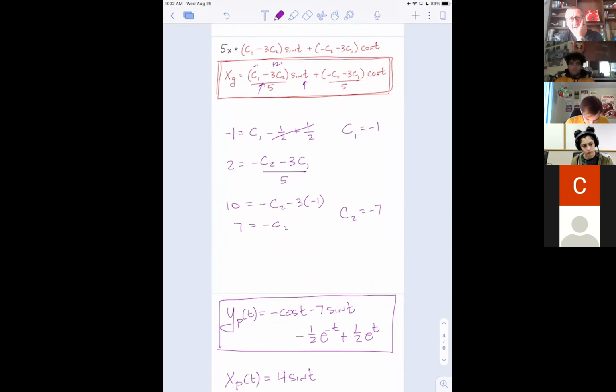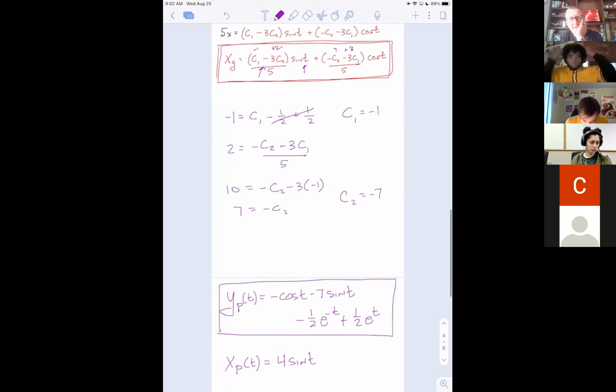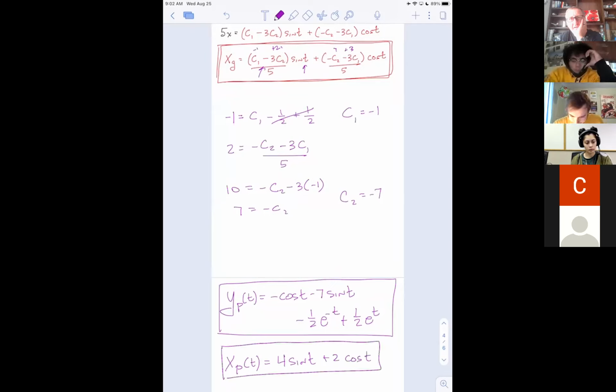Well, negative C2 would be a 7, minus 3 times C1, that'd be plus 3. Oh, it worked out again. 7 plus 3 is 10, divided by 5 is 2. So that's just plus 2 cosine of t. So I think that is my answer.